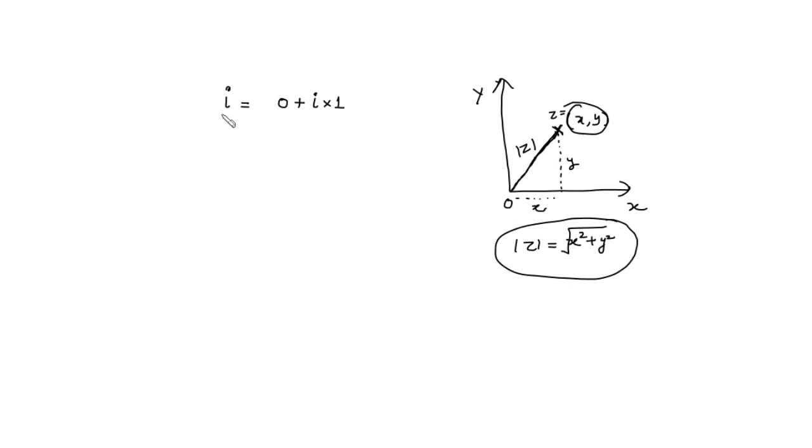Now just see what this iota is. Iota has real part 0 and imaginary part 1. Here x will be 0, so this line is the x equals 0 line, and the value of y is 1.